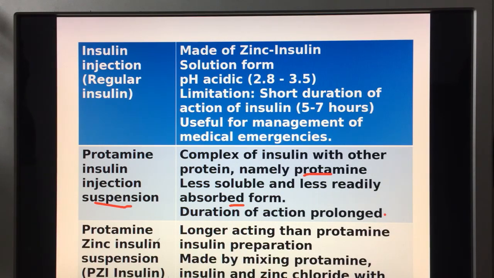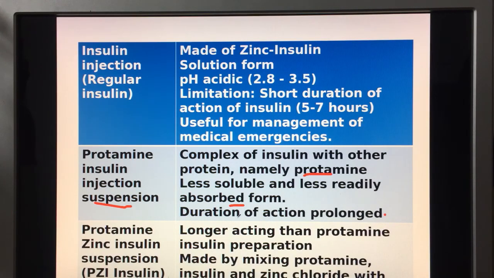The third preparation of insulin is protamine zinc insulin suspension, also called PZI insulin. This PZI insulin is longer acting than the protamine insulin preparation, and it is made by mixing protamine, that is a protein, with insulin and zinc chloride along with the buffer.